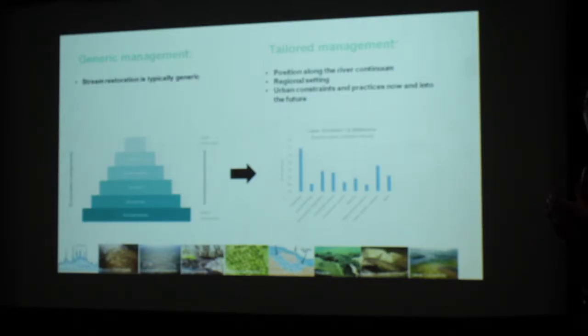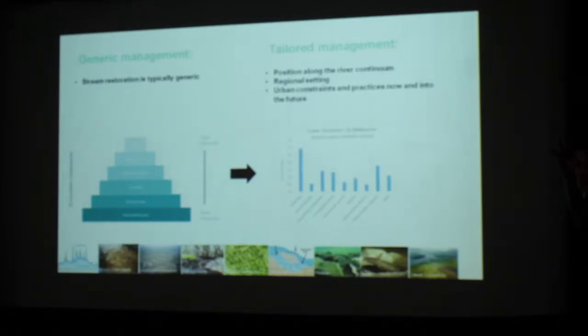We also know that streams function very differently in their headwaters, like a small first or second order creek, compared to a really large lowland river. So we want to incorporate all that knowledge and appreciation of regional differences, and then also recognise that around the world there are all different types of urban practices, and all these constraints that mean we can't do everything we'd like in an urban drain.